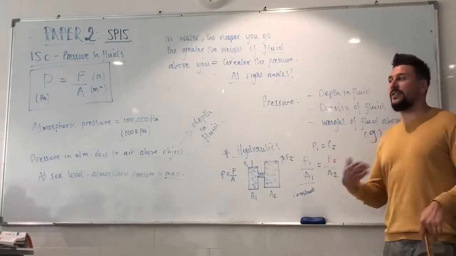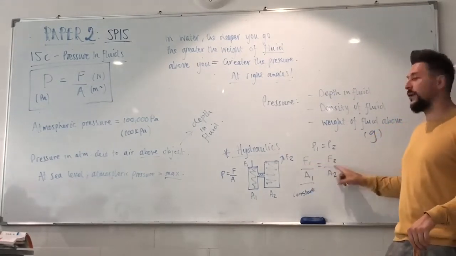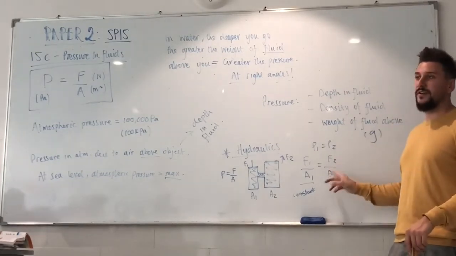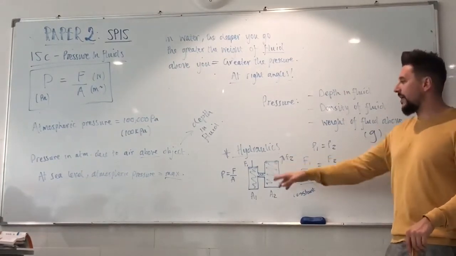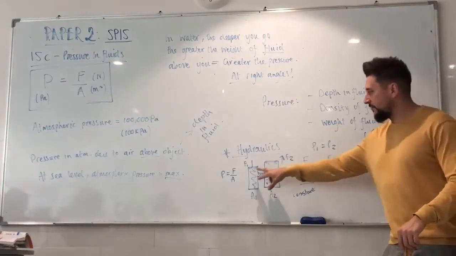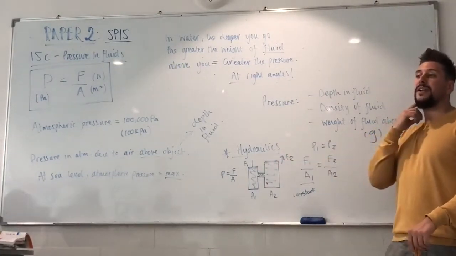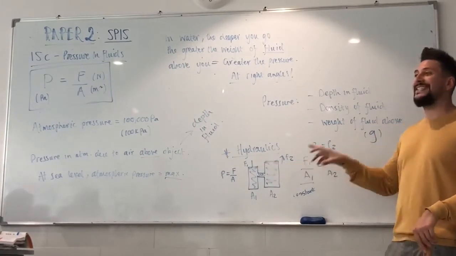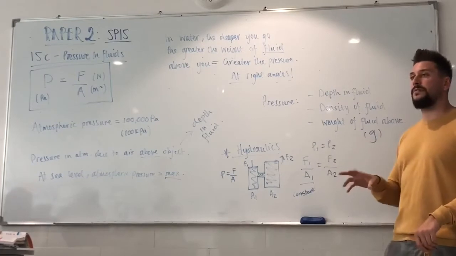Now the question in the exam was not, can you use this equation? It doesn't say anywhere in the spec that you're required to know or use this. It's nice to be aware of it. But what is the explanation of a hydraulic or piston system? You have two containers with different areas connected by a fluid. The pressure in both containers is the same. P1 is the same as P2.